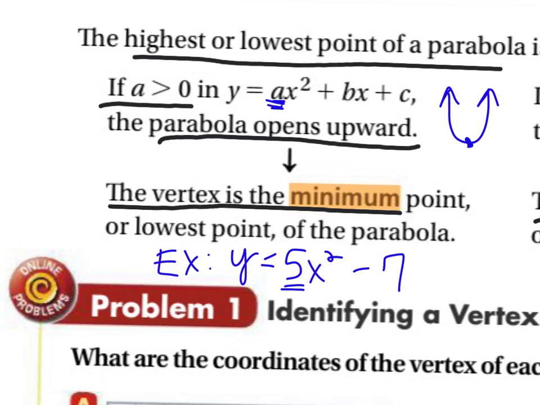So we say a is greater than 0, which means a is positive. An analogy that I use to help you remember this, if it helps: a is positive, so this would be somebody who is positive and smiling. That parabola is smiling.